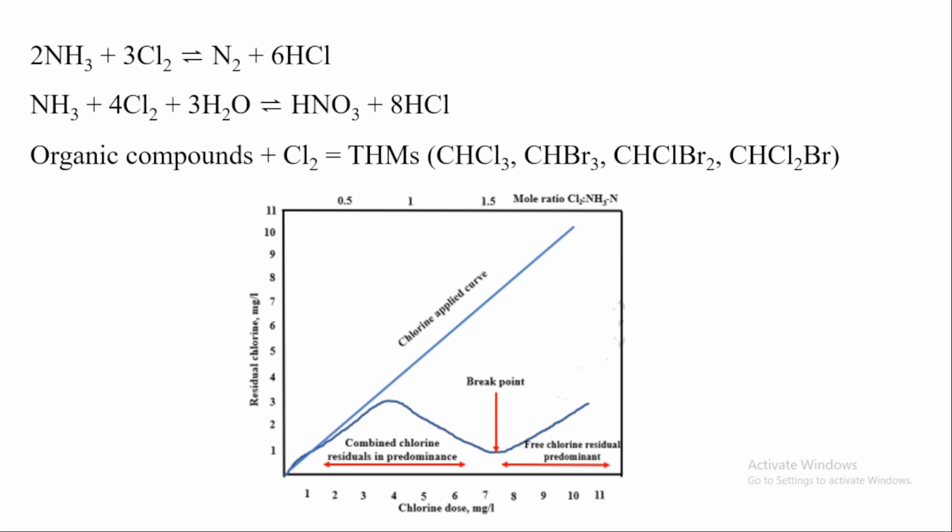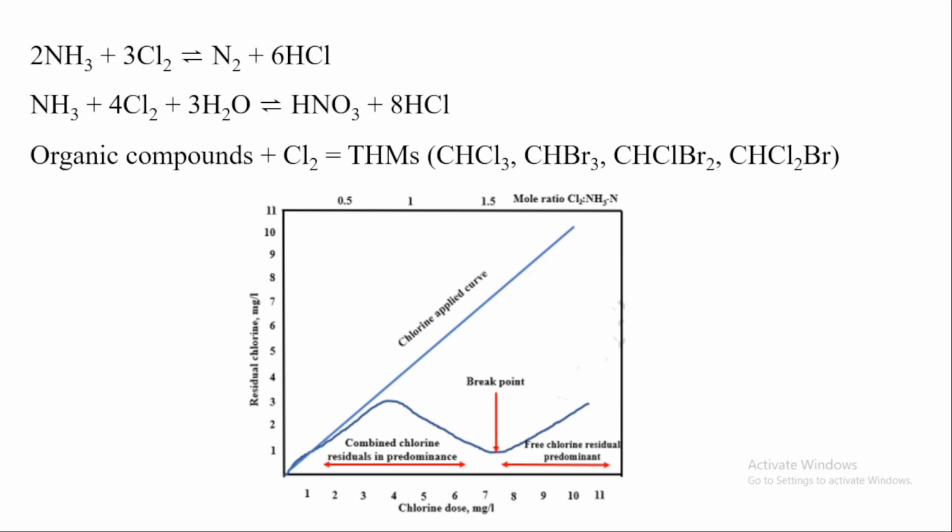When chlorine is added to distilled water, the straight line in this curve represents that the chlorine added and the residual amount of chlorine are proportional, because there is nothing present in distilled water that can react with the chlorine.